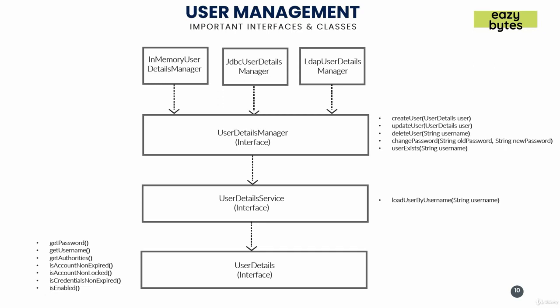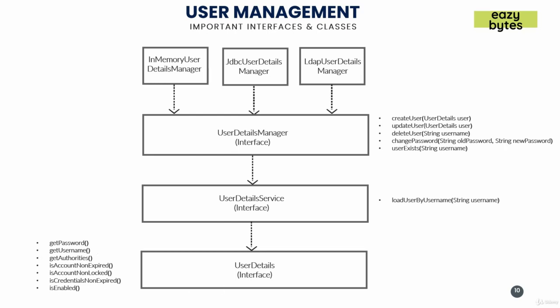All such possible user related information is packed into an interface called user details inside Spring Security. So user details is an interface, and these are all the abstract methods available inside it.